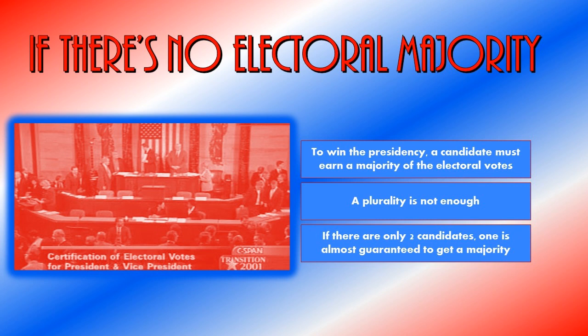So if they don't have more than half of the votes, they have not satisfied the requirements of the Constitution to become president. So here, as long as there's only 2 candidates running, somebody's going to get more than half. But if there were more than 2 candidates running, it's possible that a candidate does not get more than half of the votes, even if they have the most votes.